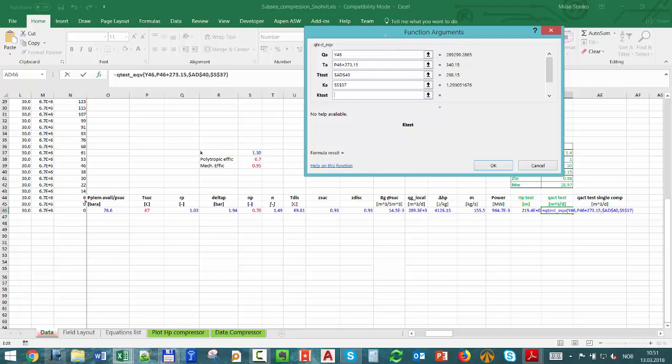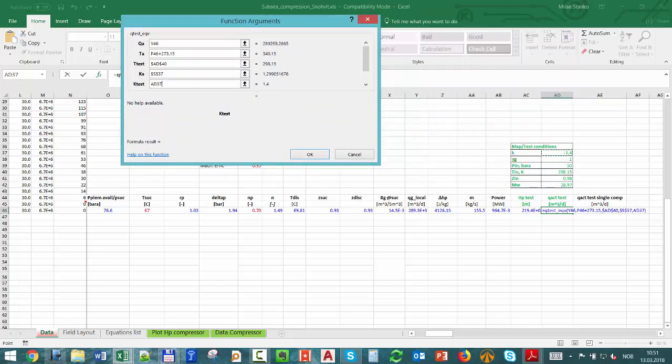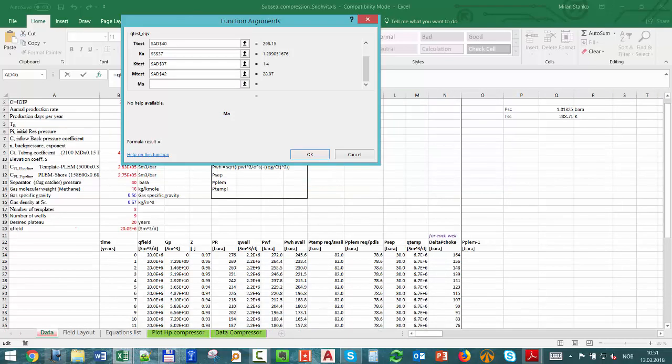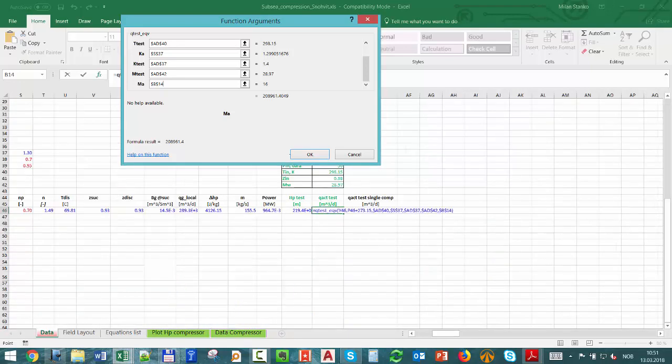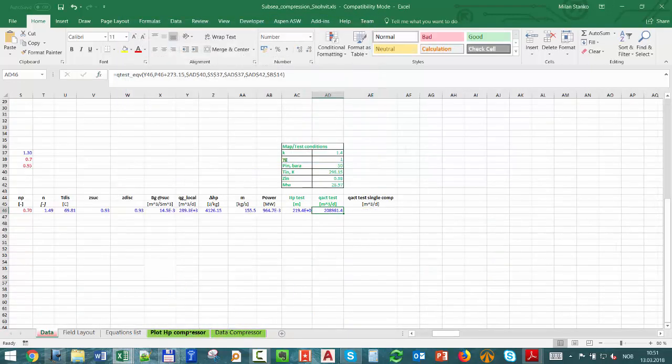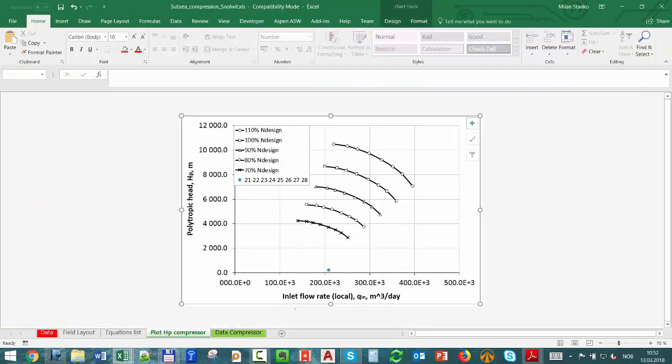The K of my test is this one, and I block it. Then the molecular weight of the test fluid, which was air, I block it, and the molecular weight of my actual fluid is here, methane, and I also block it.